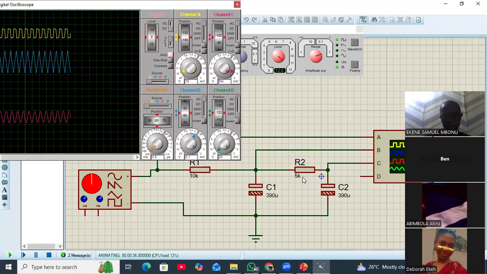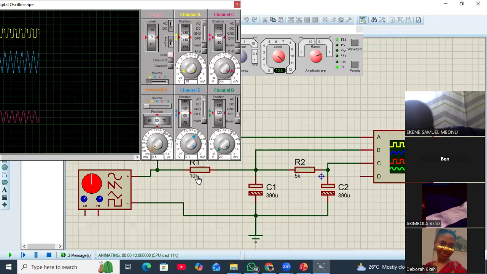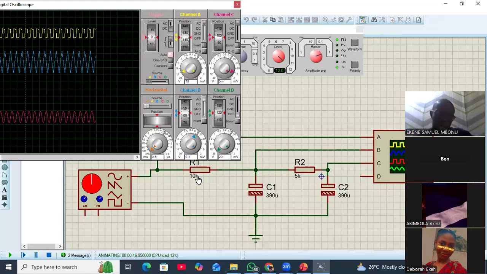An amplifier? No, not amplifier in this case.